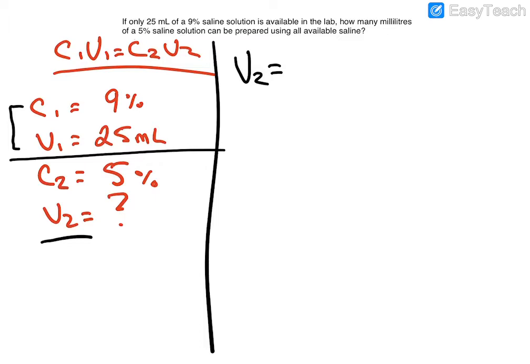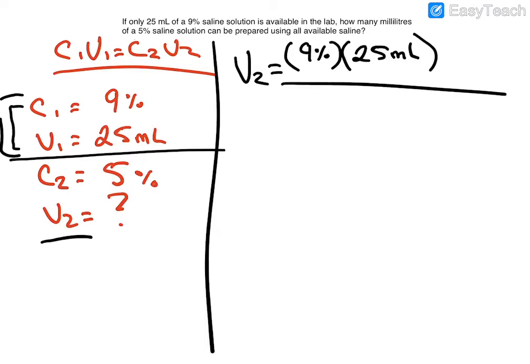So we're going to set it up 9% multiplied by 25 milliliters, because that's both values we have on the initial side, divided by our one lonely soldier here, which is 5%.